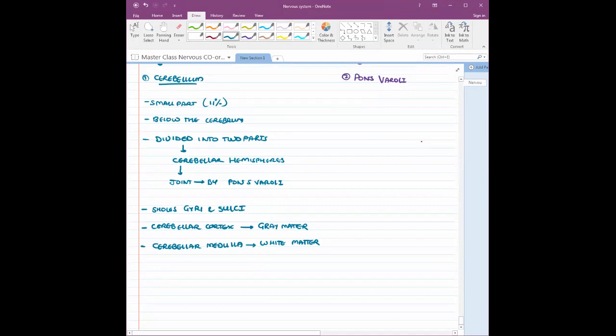But now, guys, let me just show you. Let's imagine this is your cerebellum. Now there is one very important thing that you're going to see. You are going to see deep furrows, guys. But these furrows are going to be arranged in such a manner that the inside part, guys, you start seeing like a tree pattern.